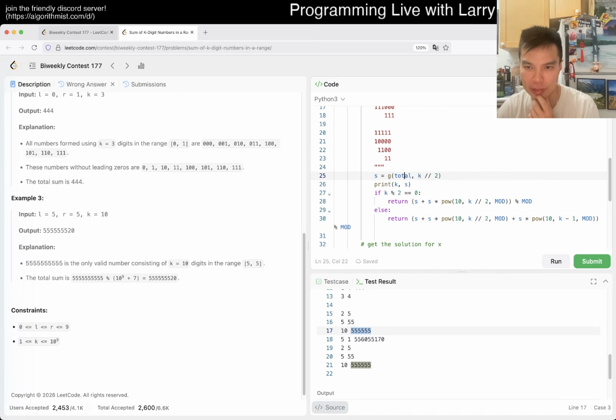So 5 is 55. What is 5? 555, right? 555. 10 is... So 5 should have 5 digits, but it's returning 6. Okay, so K. I mean, this was very sketchy, I suppose. But all right.